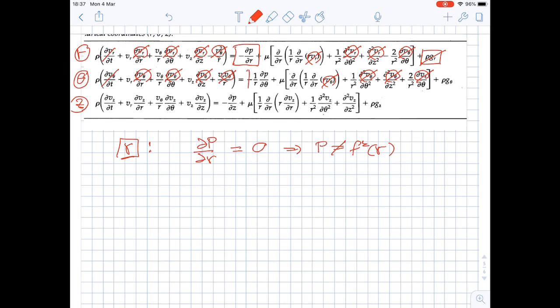Same thing applies if you consider gravity, which in this particular problem would be in the zeta direction. Pressure should appear, or pressure should change with respect to zeta. But if you neglect the effects of gravity, the zeta component should give you that pressure is no longer a function of zeta.